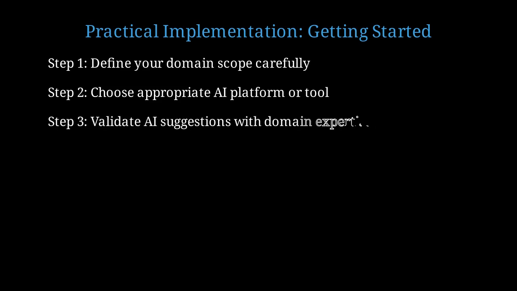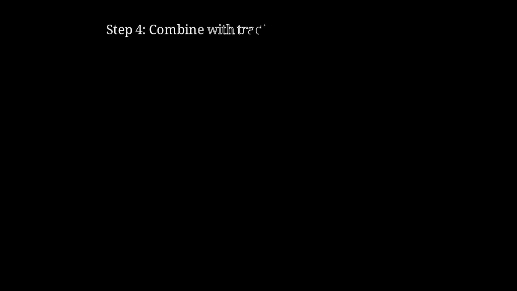Step 3. Always validate AI suggestions with your domain expertise. The AI provides hypotheses, you provide the critical evaluation. Step 4. Combine AI analysis with traditional literature review. Use AI to identify candidate gaps quickly, then do deep reading to confirm.